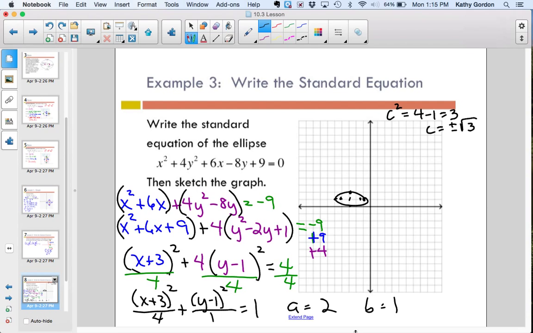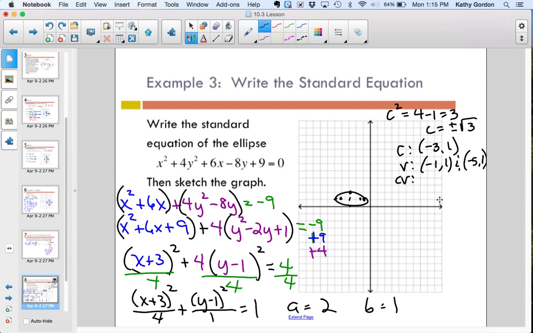Okay, and then we can identify all those points. We know center is at -3, 1. Where are the vertices? -1, 1. And what's the other one? -5, 1.